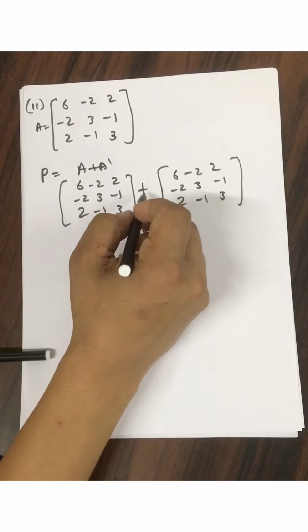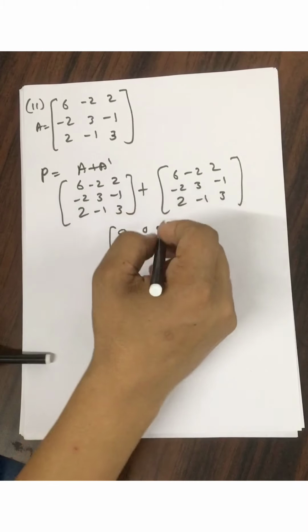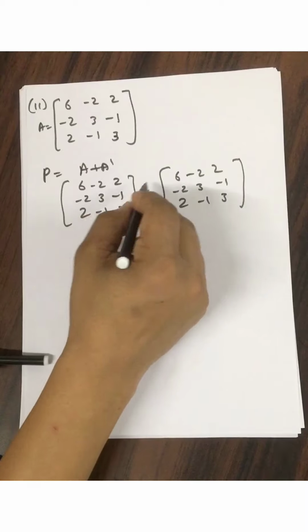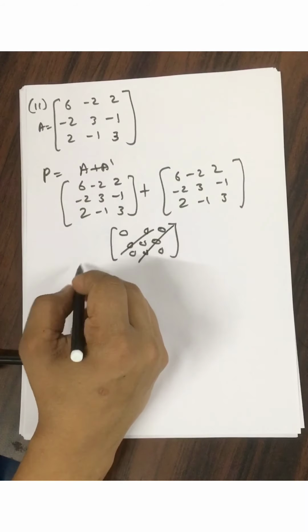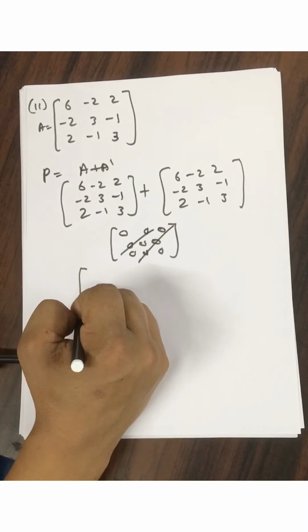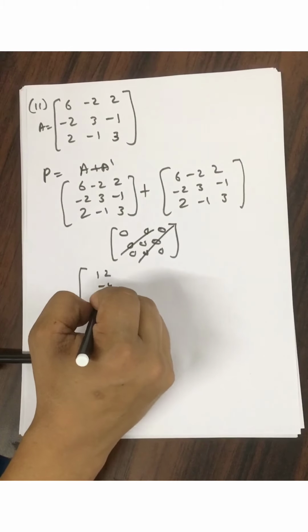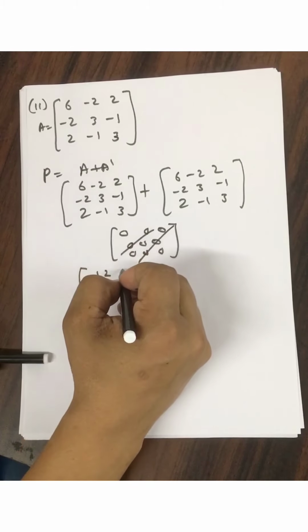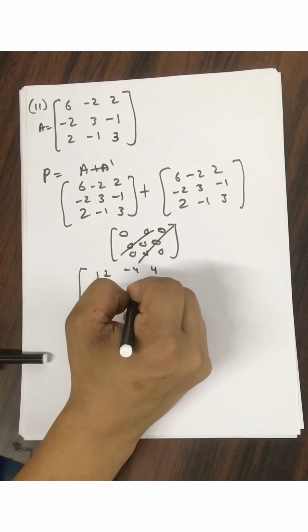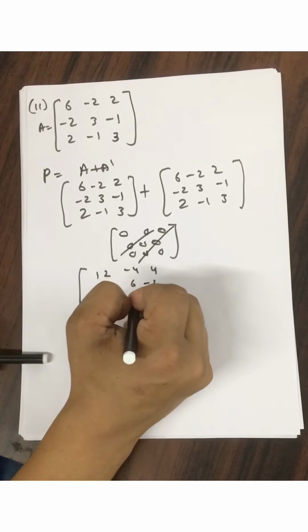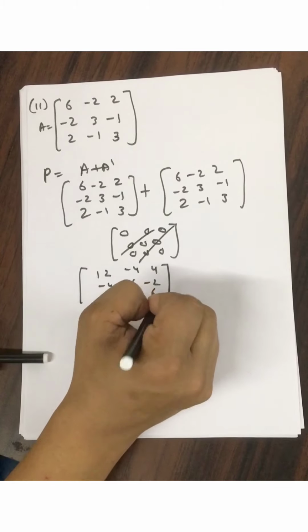No, this was plus over here. This was not subtraction. Just a minute, forgive me. This is plus over here, so this will not come 0. 6 plus 6 is 12, minus 4, and this will come 4. Minus 4, 4, 6, minus 2, and 6.